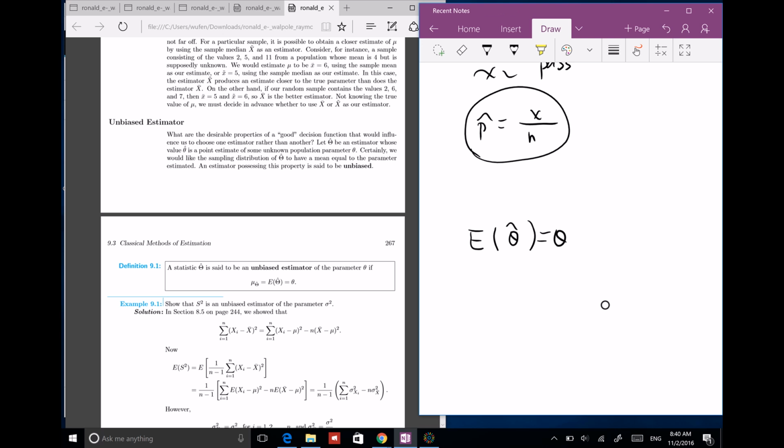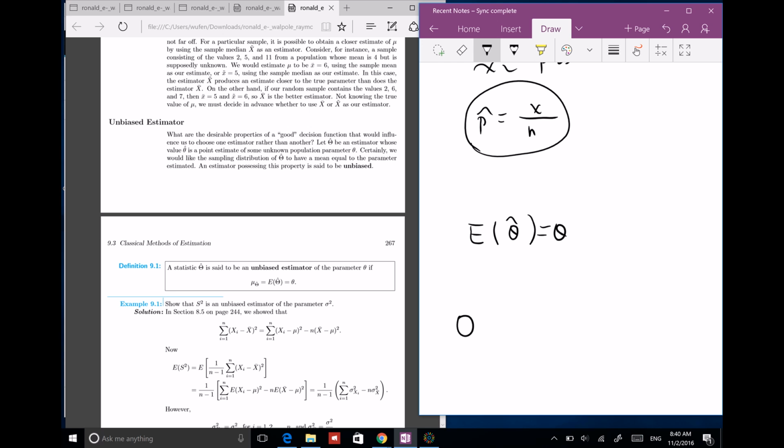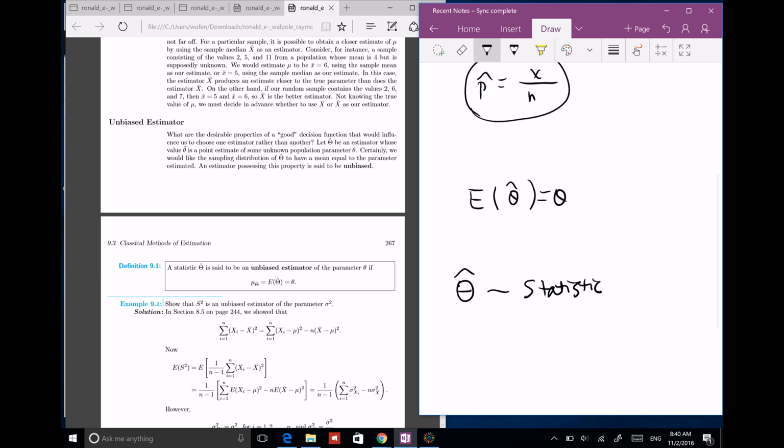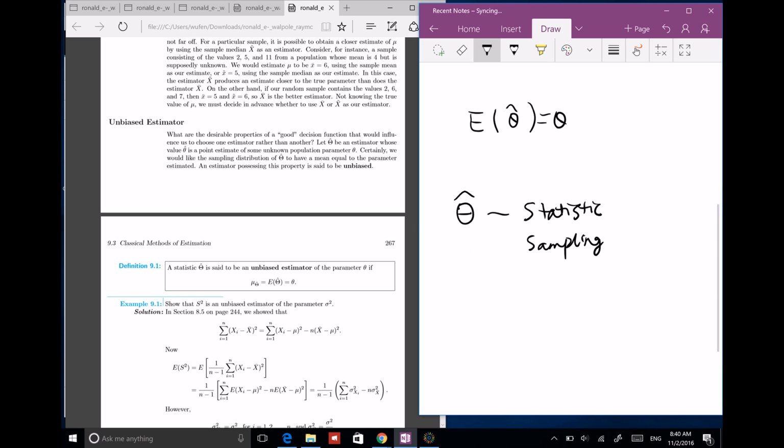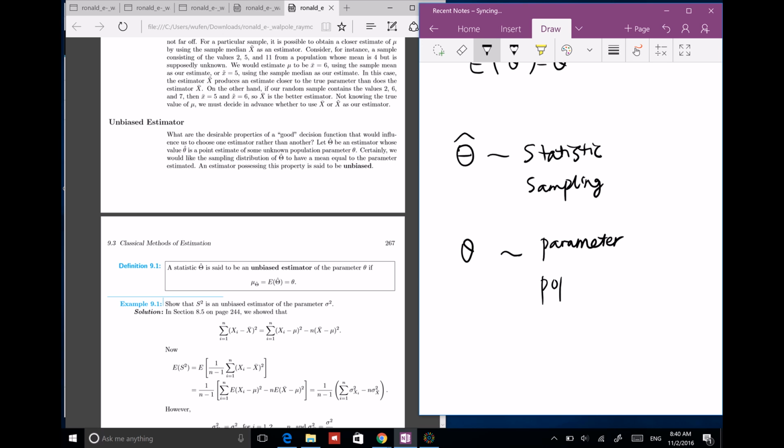Whenever we talk about a statistic theta hat, this is from sampling. Whenever we talk about a parameter theta, it is the population. Parameter is something like a true thing, it's authentic, because it contains everything. That's why we say parameter is population.